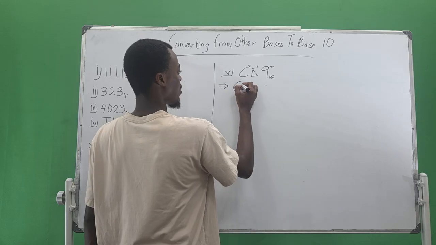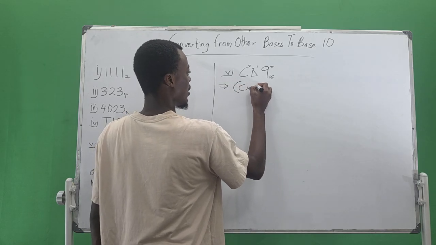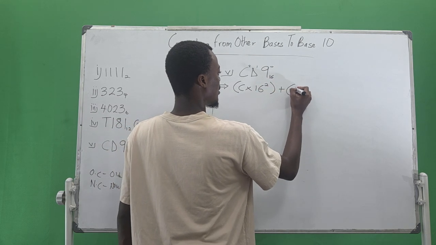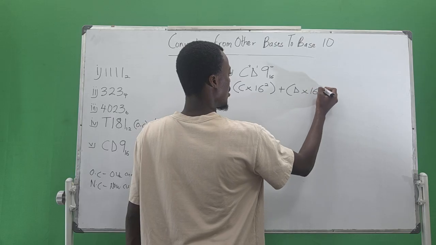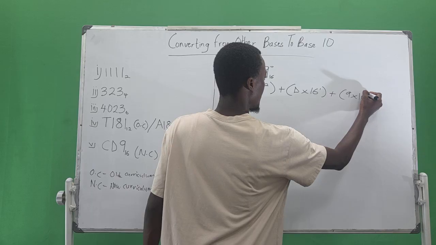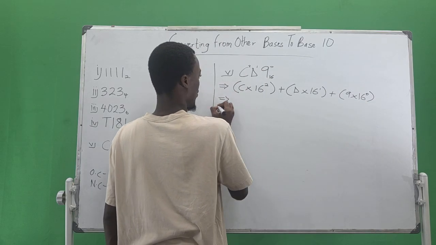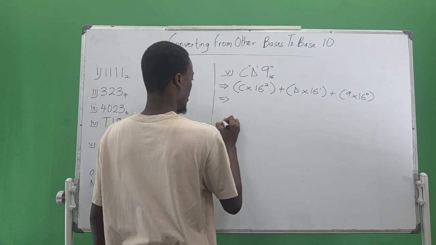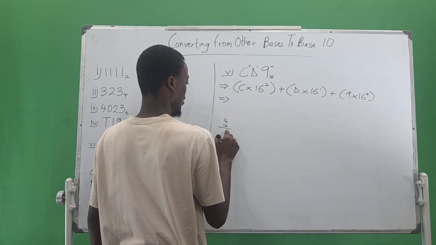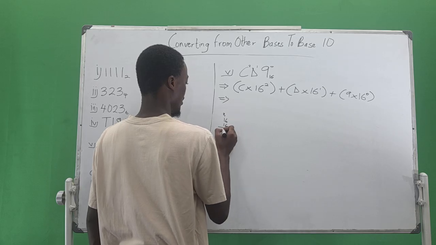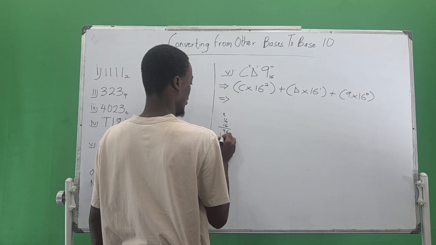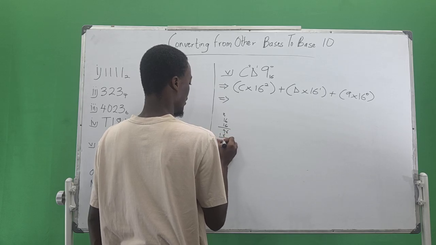So we have C times 16 to the power 2, plus B times 16 to the power 1, plus 9 times 16 exponent 0. So 16.